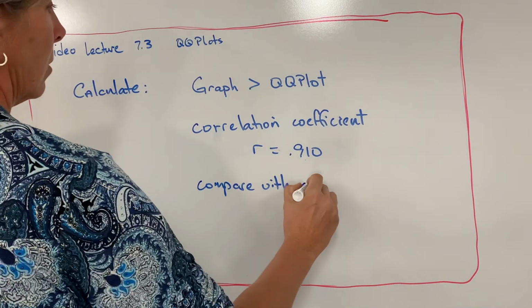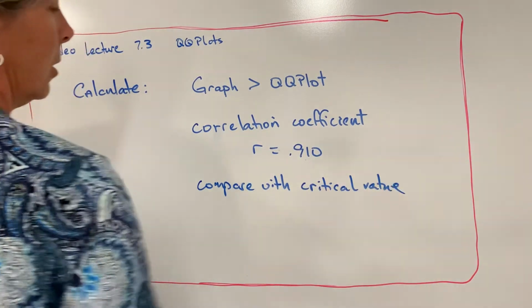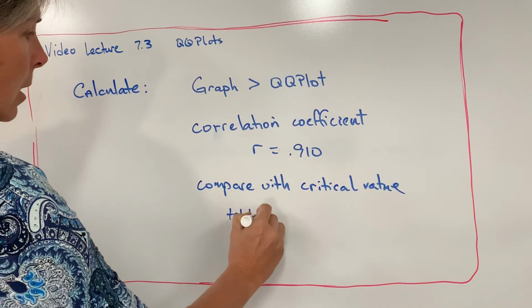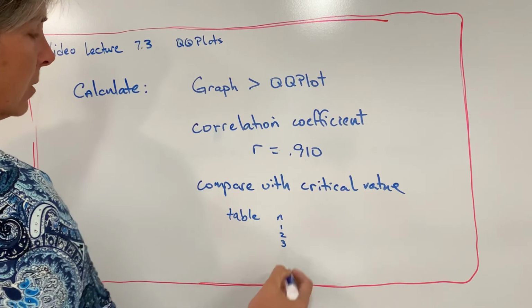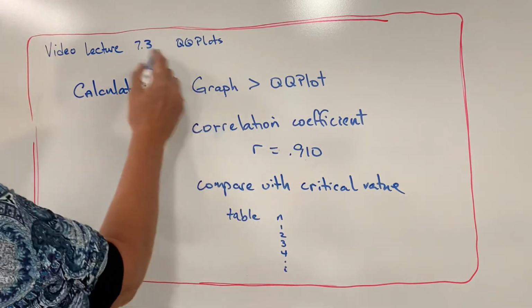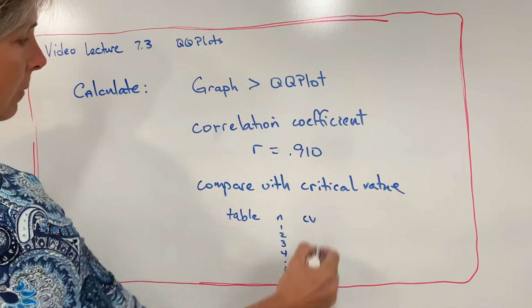critical value. And if you remember how to find the critical value, you would click on the critical value table, and then the table is going to give you all the values of n. So like if you had a sample size of 1, 2, 3, 4, all the way down to, let's say in this case it was 8, and then you look over and it's going to give you the critical value.